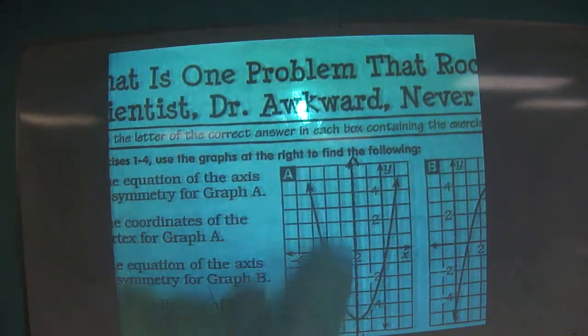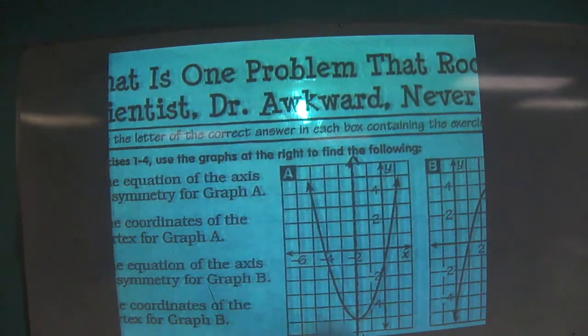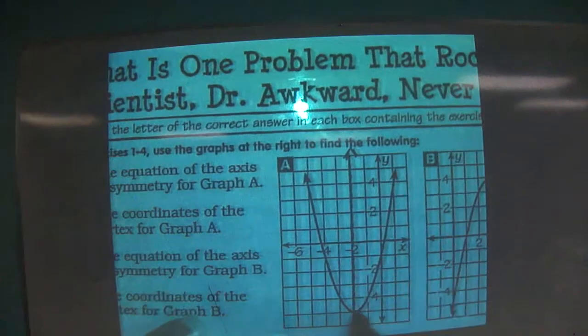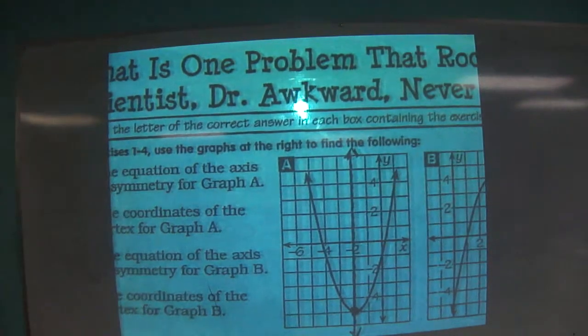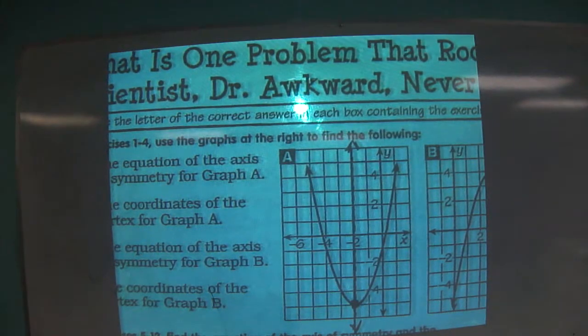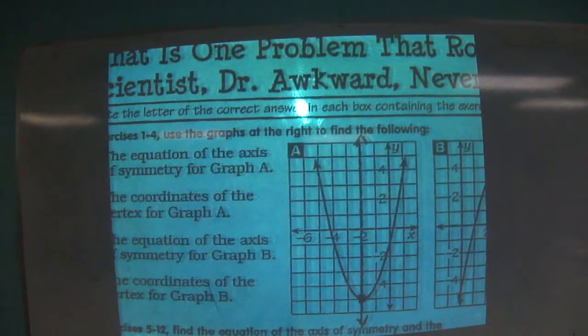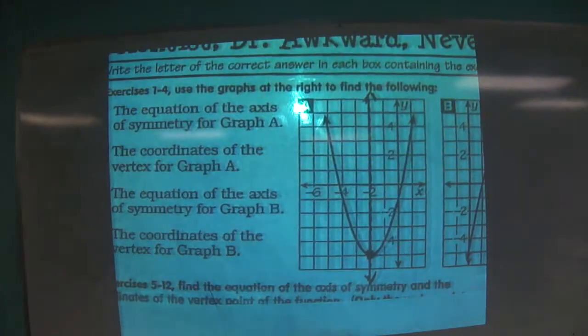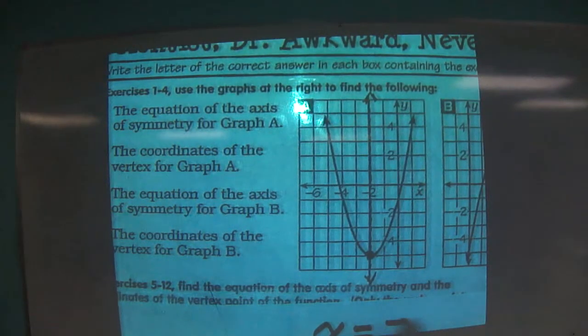What's its x? -4. Right here. This is the point we're trying to find here. -2. So the equation would be x equals, what does x equal on the axis of symmetry? -2.